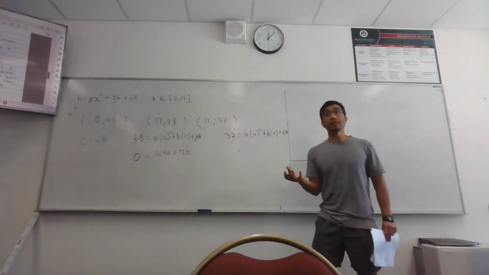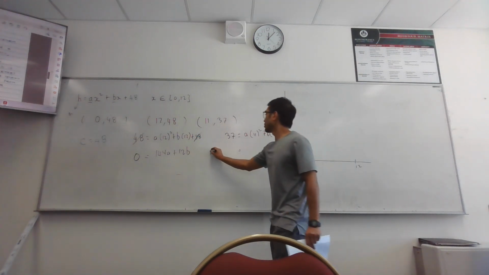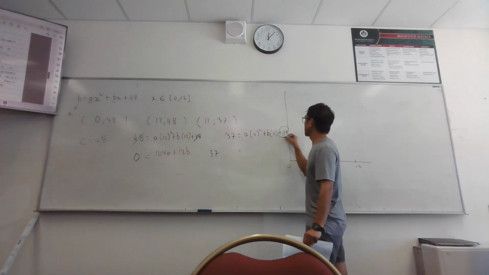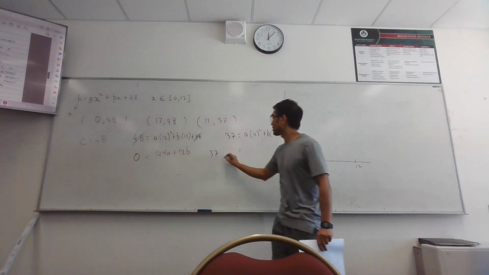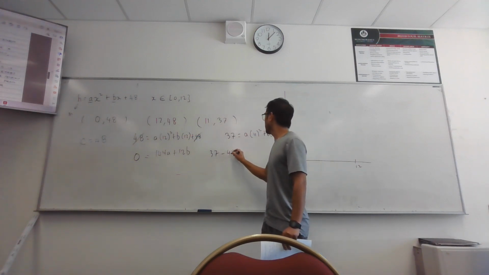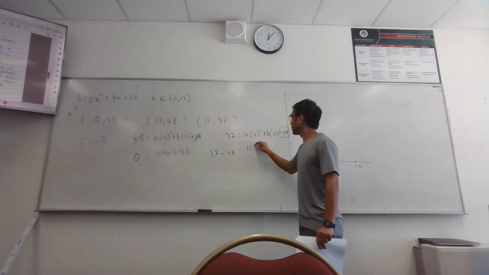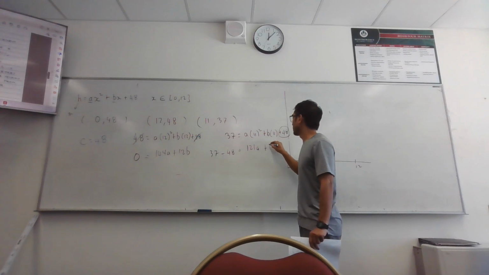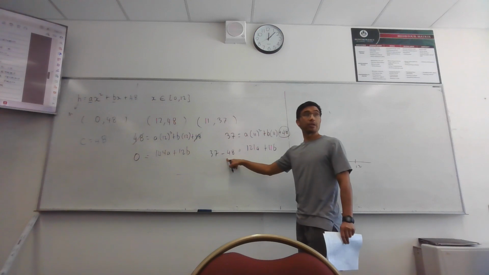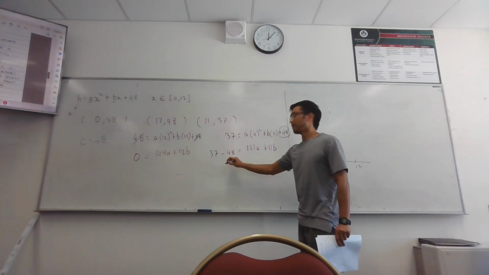I want the numbers together. I'm going to do some backtracking here. Well, that 48 is going to go over 11 squared and 11b. Okay. 37 take away 48 is negative 11.